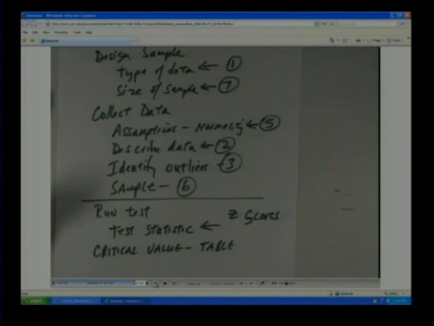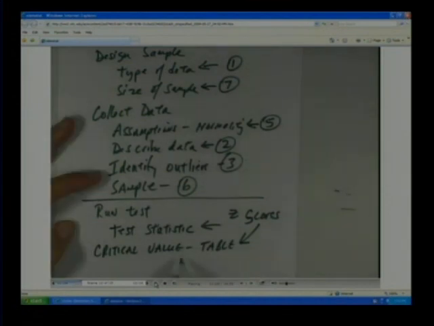There's tables for the t-test, for the f-test, for the chi-square. We will actually use those. So the z-scores will help us with calculating the critical value from the table, and will also help us to see how the test statistic is connected with the critical value.